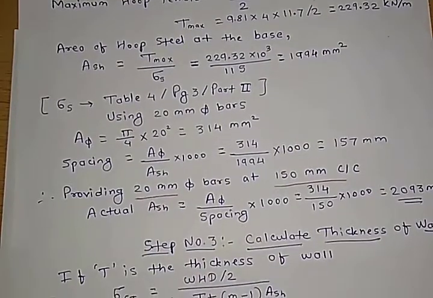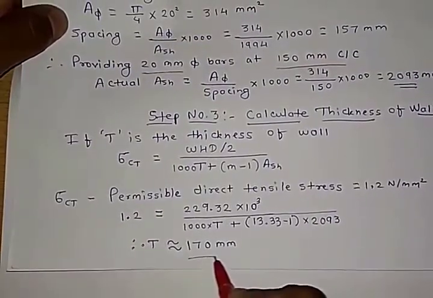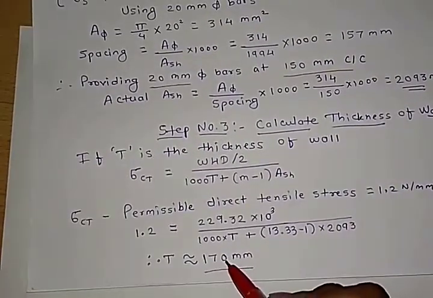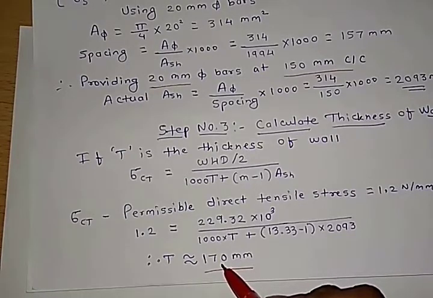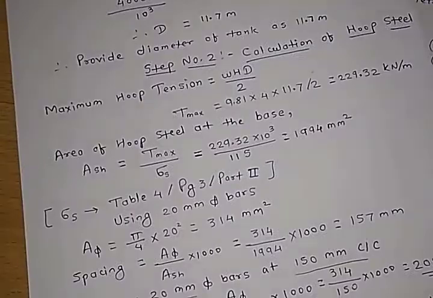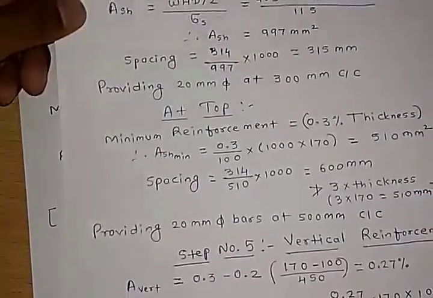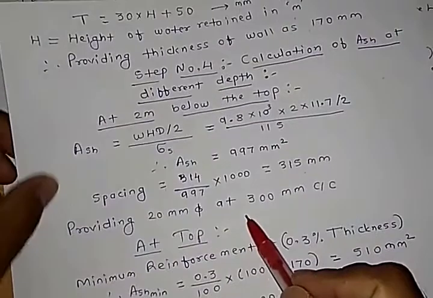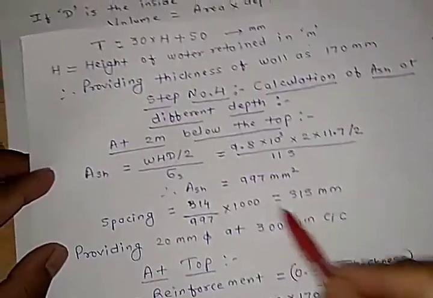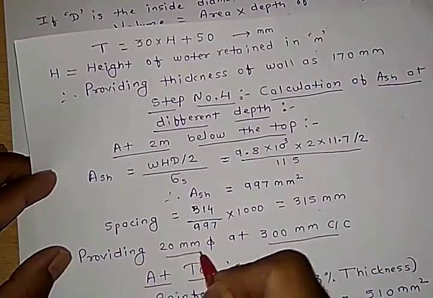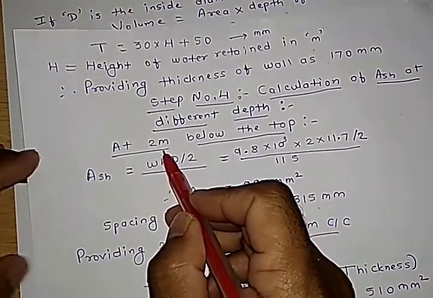Then we got the thickness as 170 mm, and then 20 mm diameter at the rate 300 mm center to center at the middle, or you can say at the 2 meter below the top.